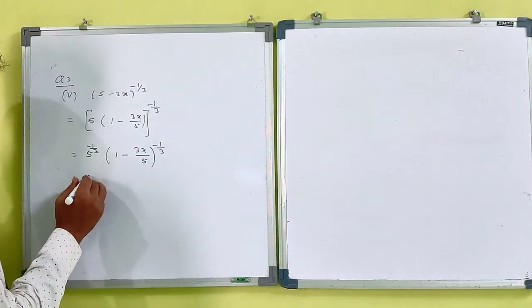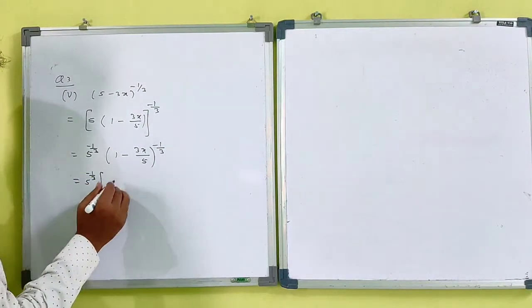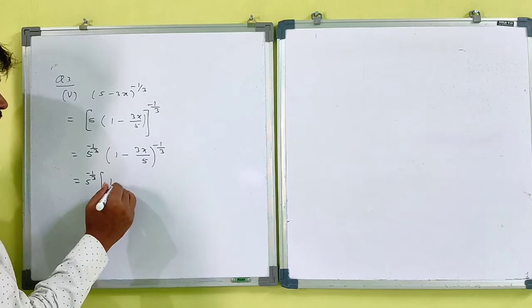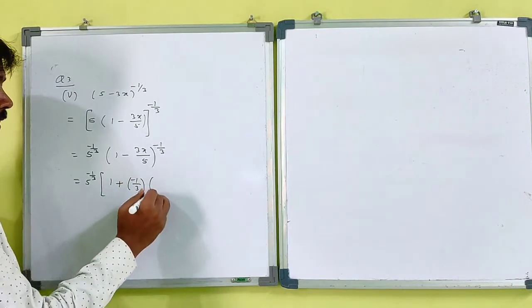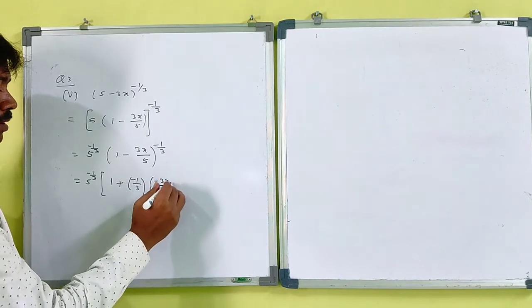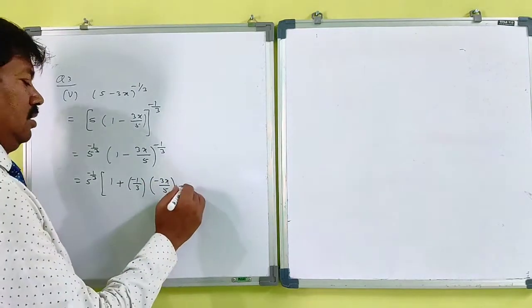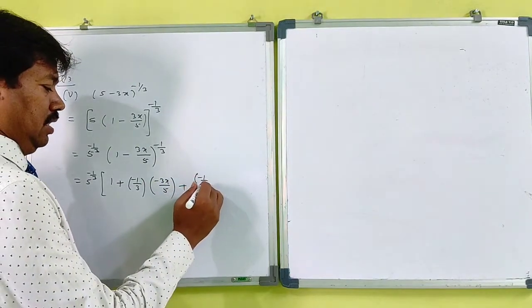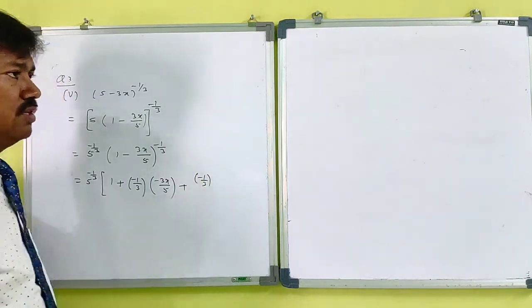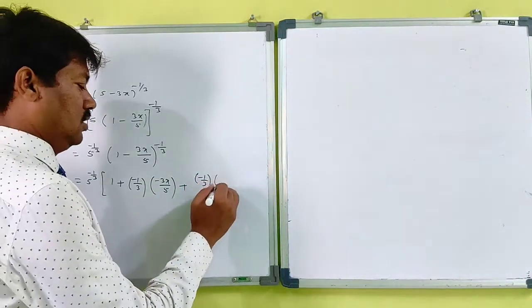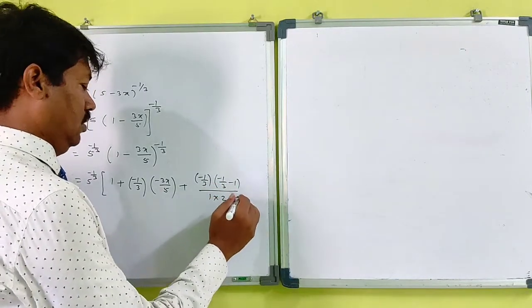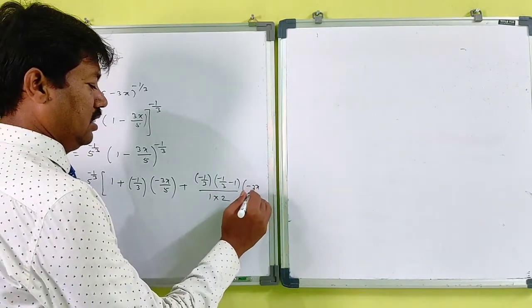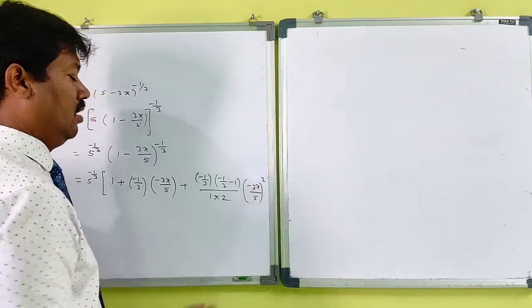So that is 5 raised to minus 1 upon 3, 1 plus nx, then n into n minus 1 upon 1 into 2 times minus 3x upon 5 square.